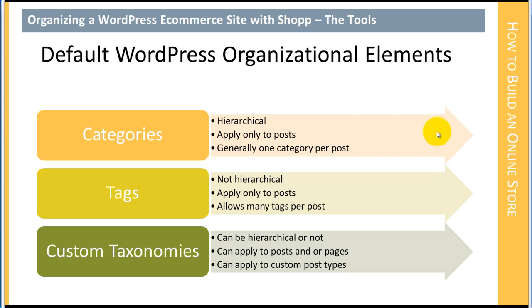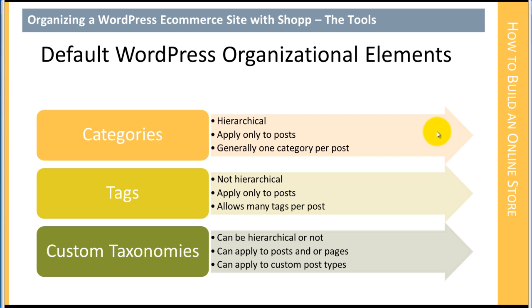The next thing you have is custom taxonomies, and taxonomy is kind of an awkward word for some people. All that it really means is just a method of organization, because really categories is a taxonomy, tags is a taxonomy, and a custom taxonomy is just another organizational system that you create yourself that you think is appropriate in your case that WordPress didn't think of.